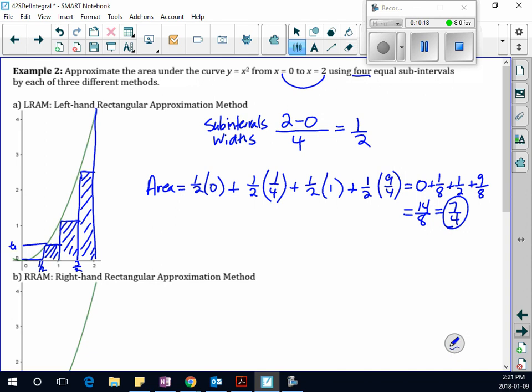Okay, so in this curve, because it's concave up, the left part of this, would this be an overestimation or an underestimation of the area under the curve? Under. Yes. Underestimation. Well, you'll see, if you're going from the left, that'll be under.